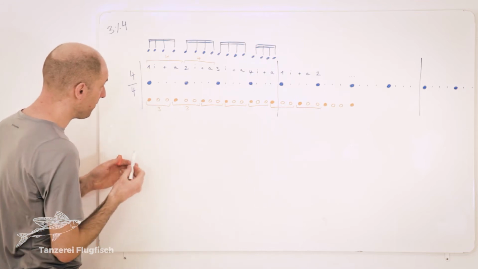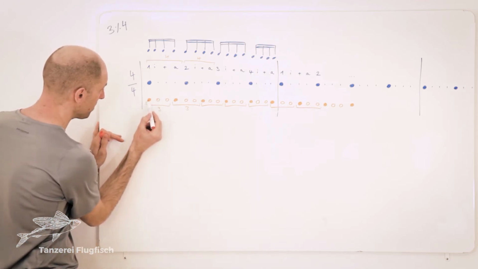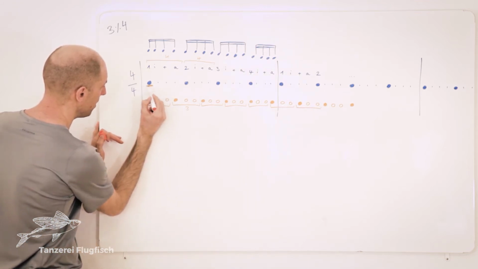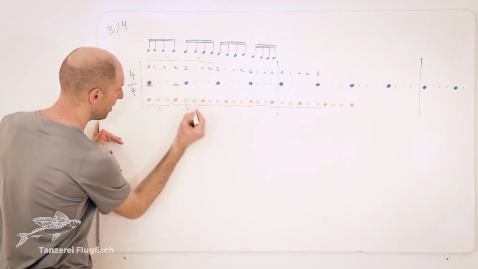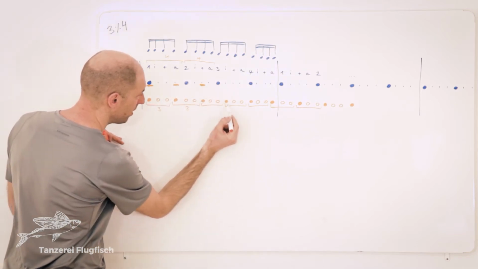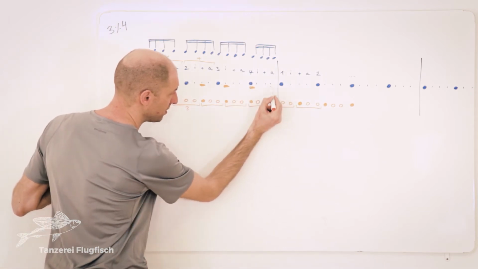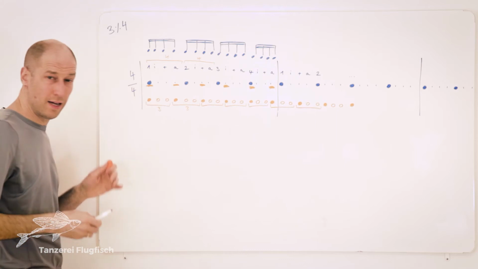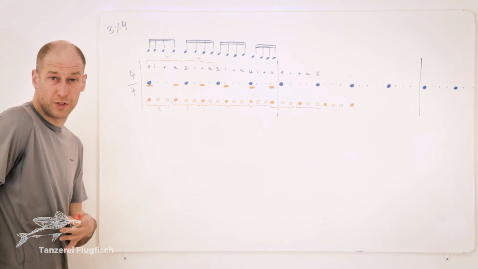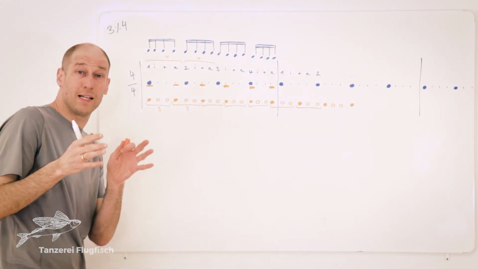If I mark this, it's an accent here, and it's an accent here, it's a 1 here, it's a 1 here, etc. So I can see almost every time it comes around, it falls into a different place on the grid.